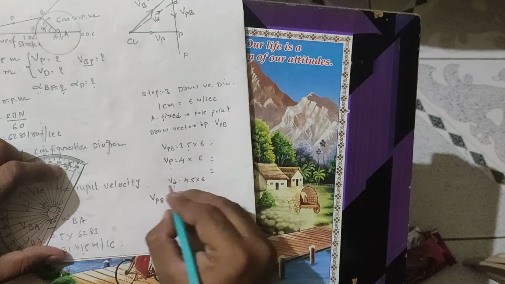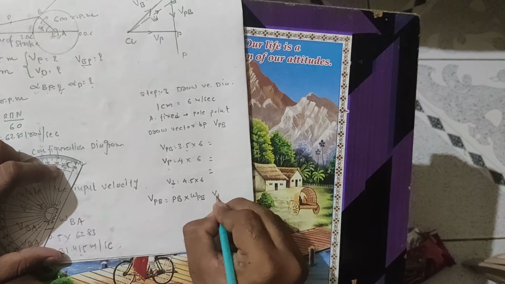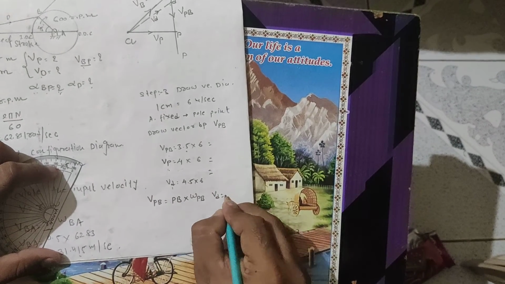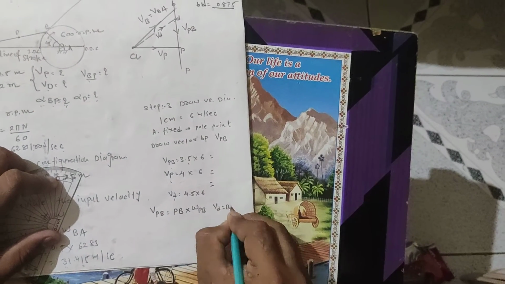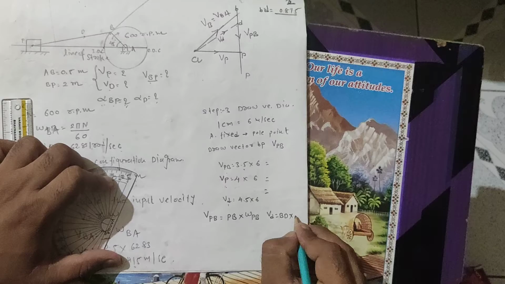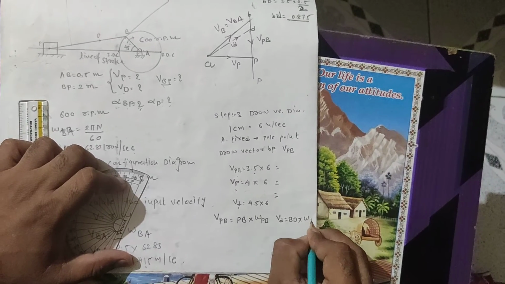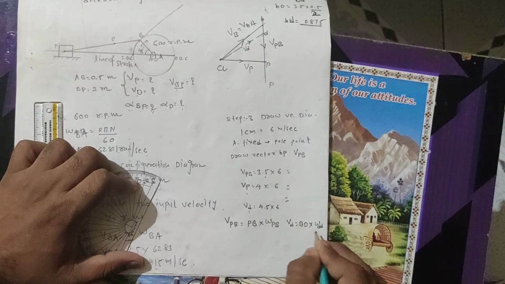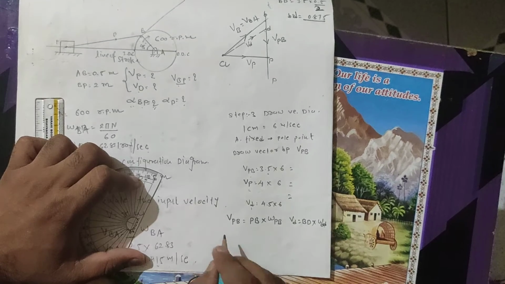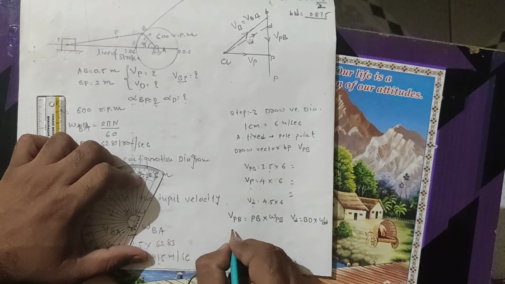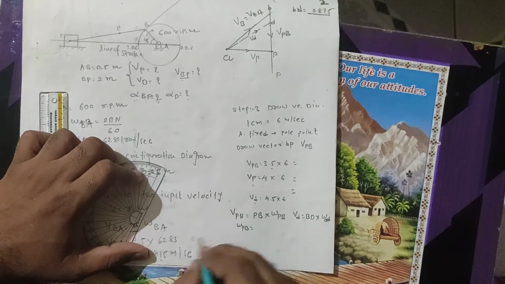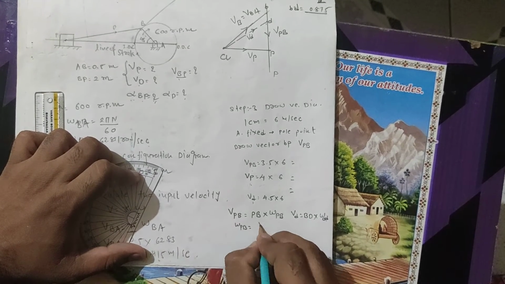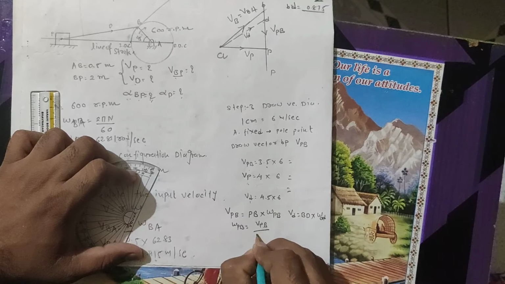Okay, in the same way VD is equal to the length BD into omega D, okay, OD. So we have to find out omega OD. And lastly, from which equation we use this: omega PB is equal to VPB upon PB.